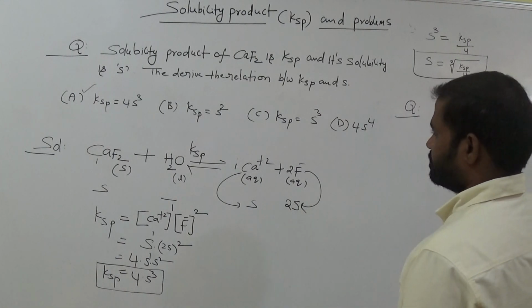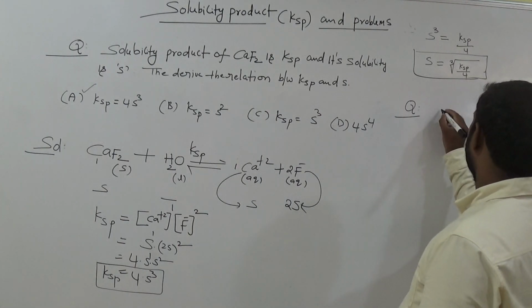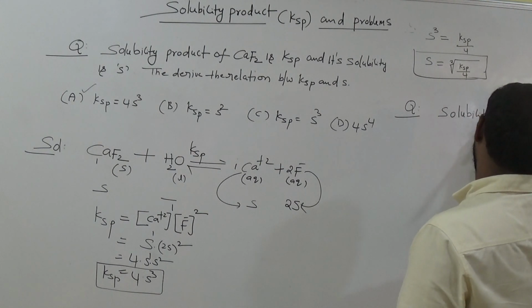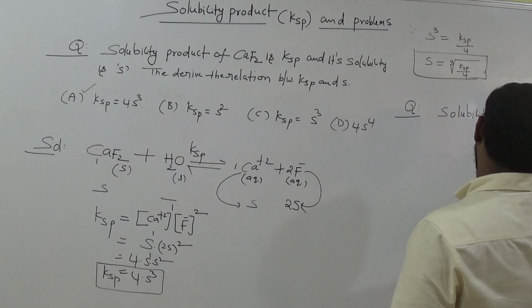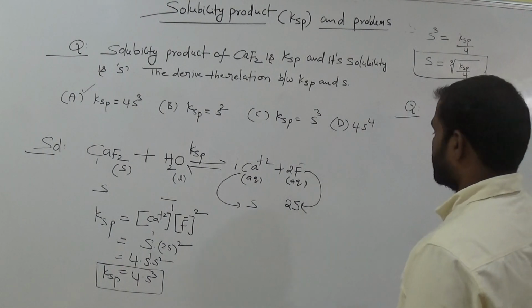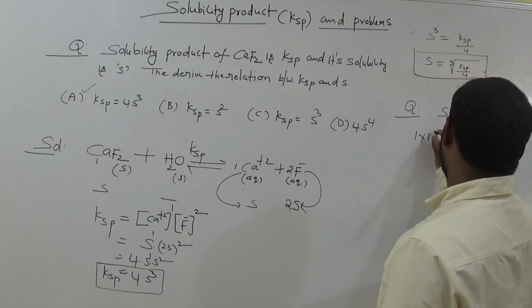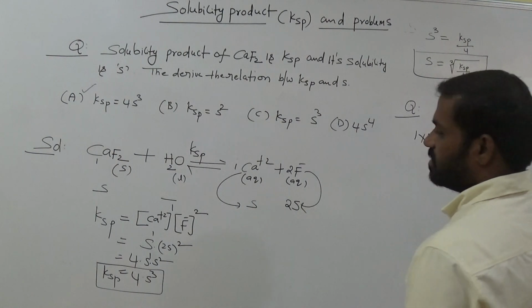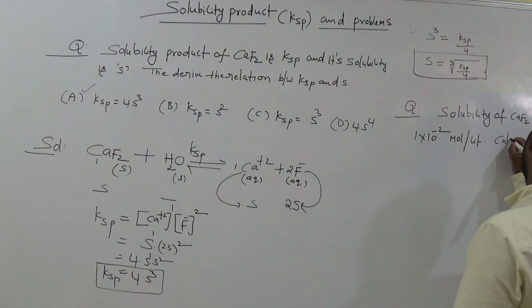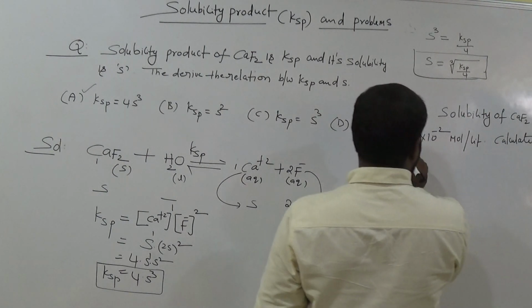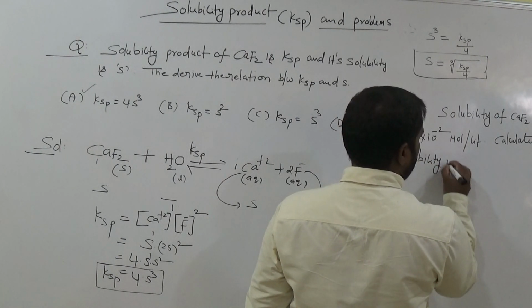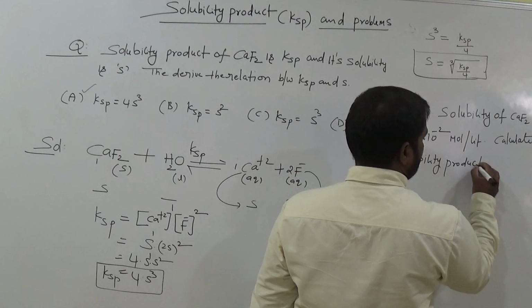Write the question. The solubility of CaF2 is 1 into 10 power minus 2 mole per liter. Then calculate the solubility product.